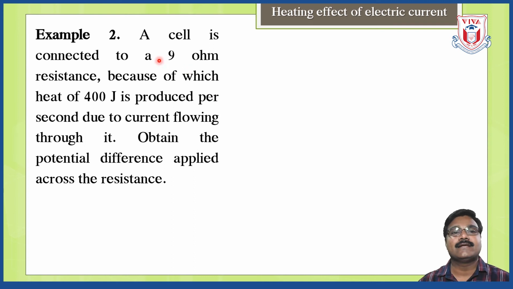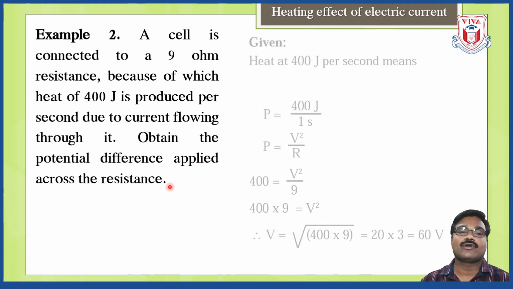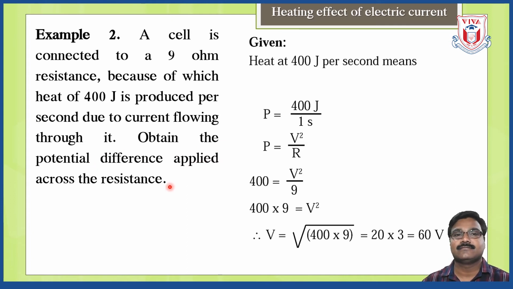Now, second example. A cell is connected to a 9 ohm resistance, because of which heat of 400 joule is produced per second due to current flowing through it. Obtain the potential difference applied across the resistance. What is given? Heat at 400 joule per second.